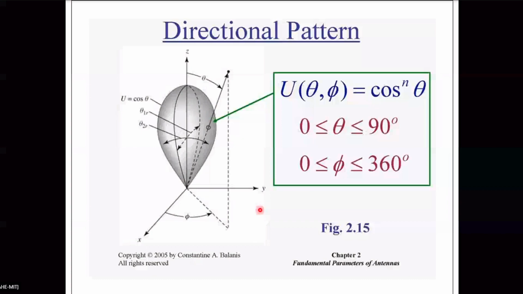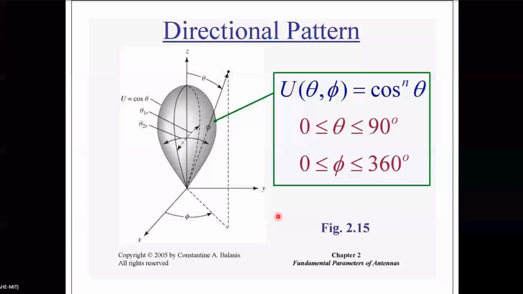Excuse me, sir. Sir, what if we have a sine phi component in U of theta, phi? Usually we will not give such type of problems. If sine phi is there, then theta 2 r will be in the theta is equal to constant plane. That means whatever half power beam width you get in the theta is equal to constant plane, that you have to take.